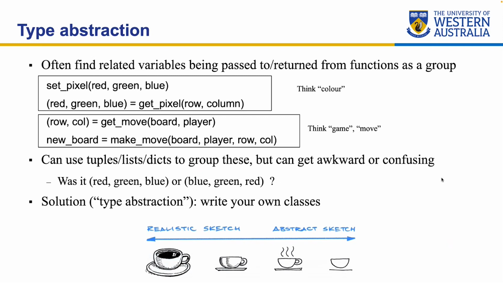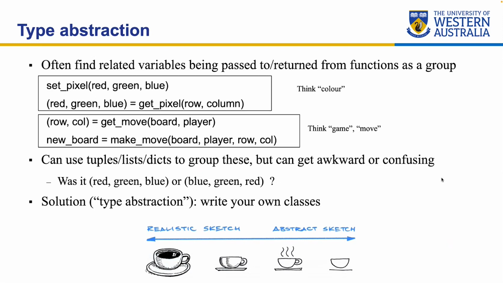Of course, we can achieve implementing these using tuples, lists, dictionaries to group these, but it can get quite confusing later on. For instance, the orders can be confusing if it has a lot of attributes, a lot of values, then that can also be confusing and so forth, right?